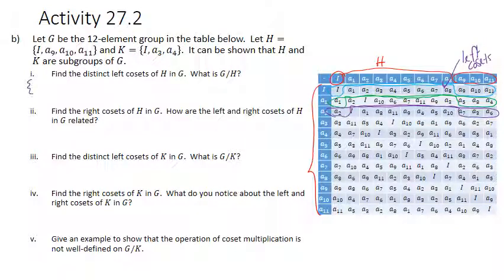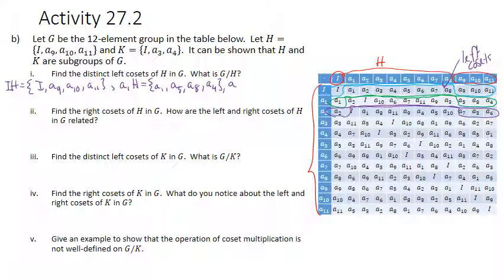So I get that I times H, of course, is just H, so that is I, and then A9, A10, A11. Let's see, the next one is when you do A1 times H, and that is A1, A5, A8, and A4.